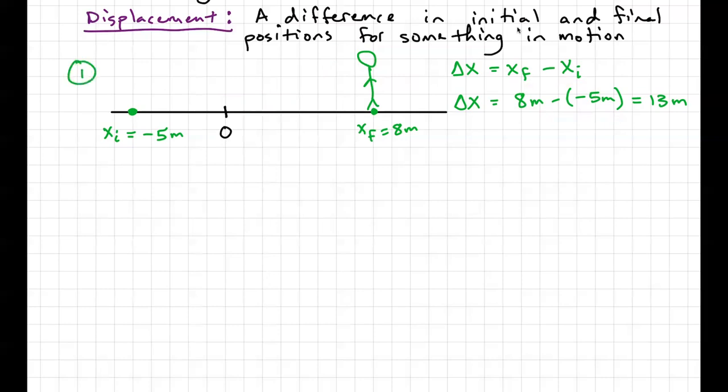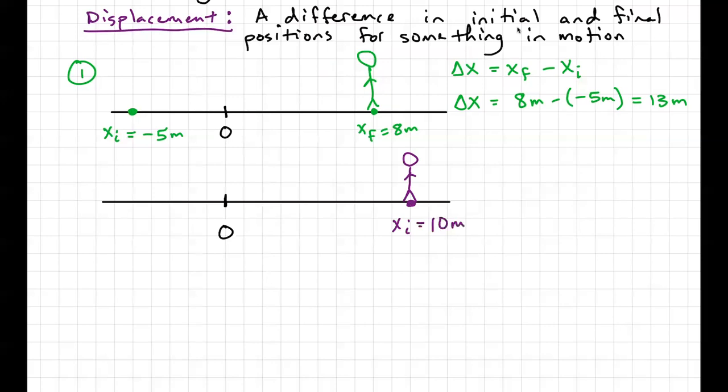Now let's do another example. So let's say another number line here, different example. So I'll put my 0 right there. So now let's say I'm out here, some initial position. So this is 10. So my initial position is 10 meters.